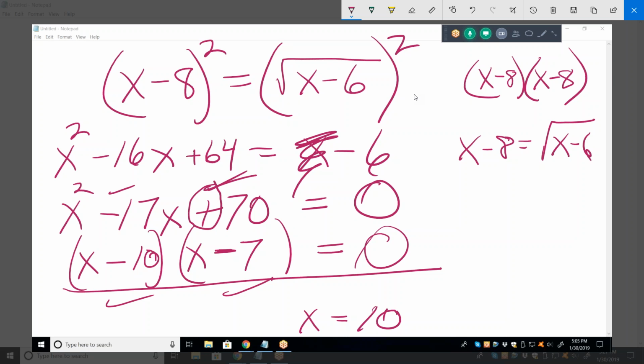It just says one of them has to be 0. Well, in this case, this is the one that was 0 by x being equal to 10. X equaling 7 is not a solution to this thing. Because I got 1 equal negative 1.